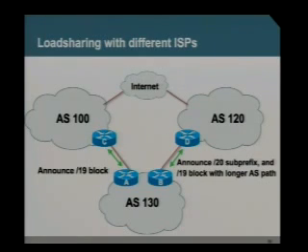Work in progress. Some of you may be watching IDR and Joe Abley's appeal for support for the AS path limit attribute. If you hear about that, please, please, please support it, because it really, really assists this type of load balancing that people need to do.